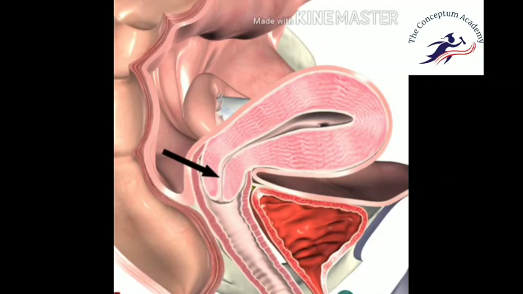The female external genitalia include the mons pubis, labia majora, labia minora, hymen, and clitoris. Now, we differentiate them. The mons pubis is a cushion of fatty tissue covered by skin and pubic hair. The labia majora are fleshy folds of tissue which extend down from the mons pubis and surround the vaginal opening.